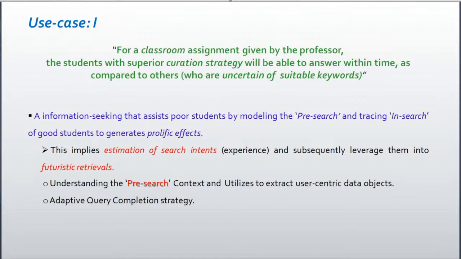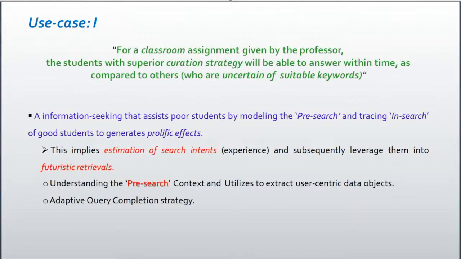In case study 2, I will share why, in search, the thinking part, the feedback part, and the reviewing part are important to implement in IR. And in the last case study, we will see why the proactive pro-search context is important to model. So let's begin with case study 1.